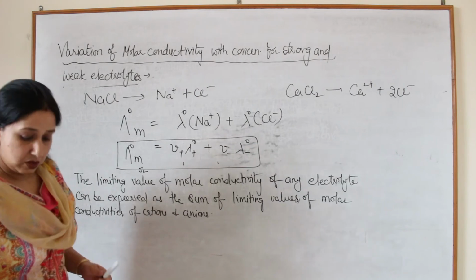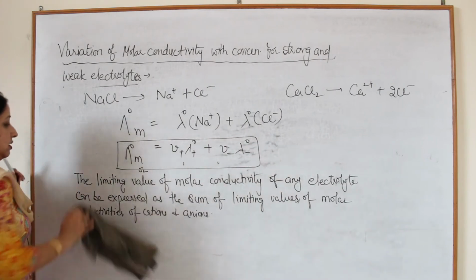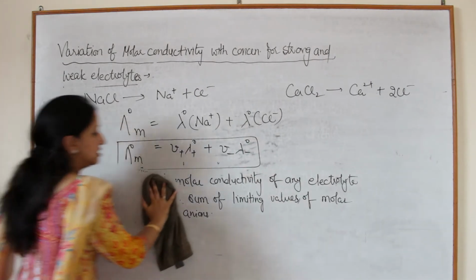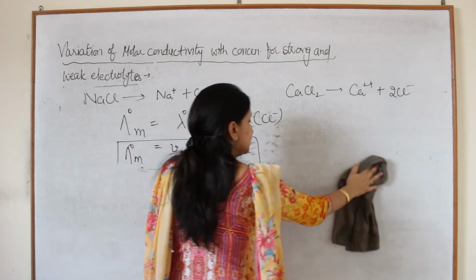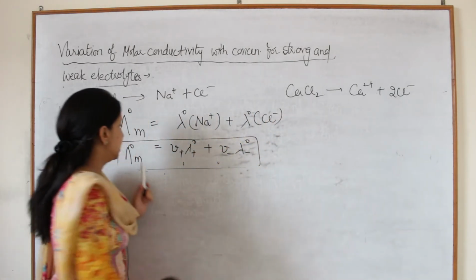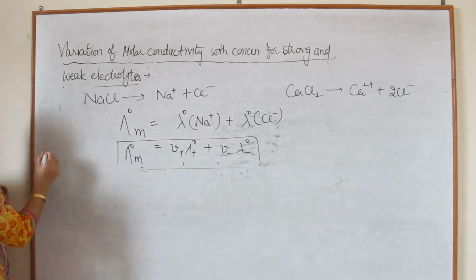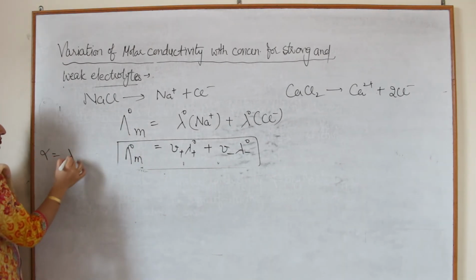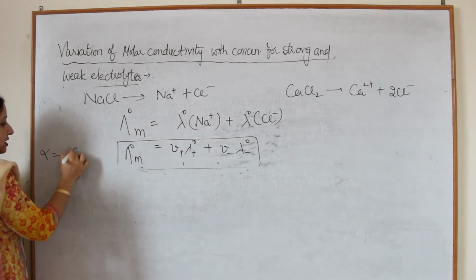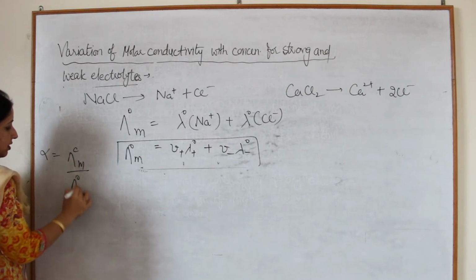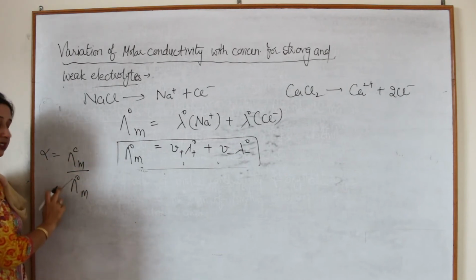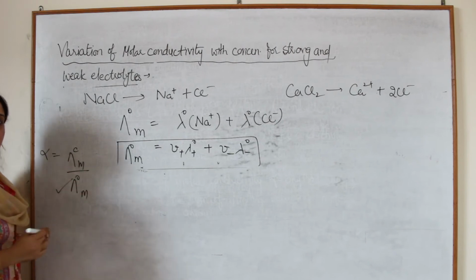Okay? So the problem of knowing the value of lambda naught is solved. If we know the value of lambda naught m, then we can also calculate the value of lambda cm upon lambda naught m, because we can calculate this value using this law.